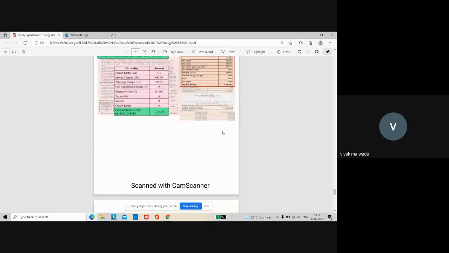Then tax on sale, interest and other charges. Okay. So this is nothing but your total bill 1167.48. Actual bill on energy consumption is 683.30. And remaining you can see these are the additional charges, fixed charges, billing charges, electricity duty, ये सब additional होता है आपके bill में. Are you getting it?